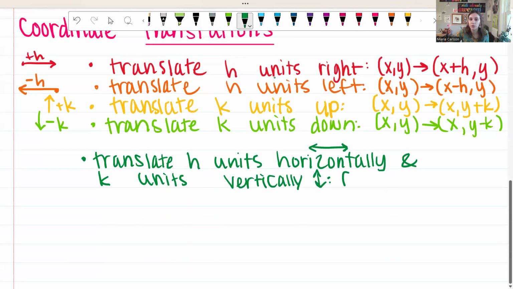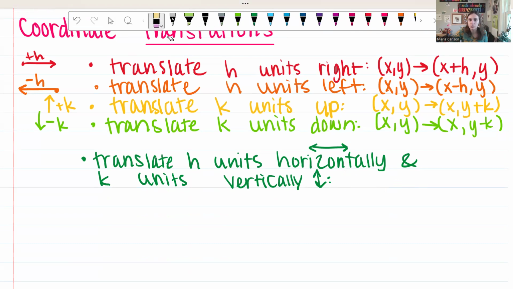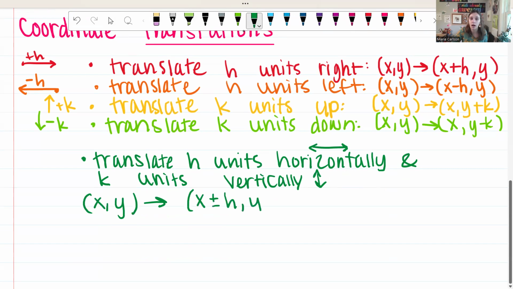So this would be the point x comma y. And actually, let me write this down below, just so it looks a little bit better. The point x comma y. Your x value would move some amount, some h units, and you would either add it or subtract it. So it'd be x plus or minus h, comma, y plus or minus k, because you would add or subtract a certain amount of units. You would be going left or right, and then up or down.